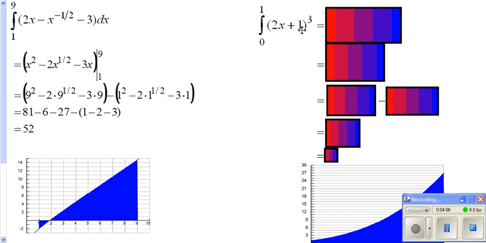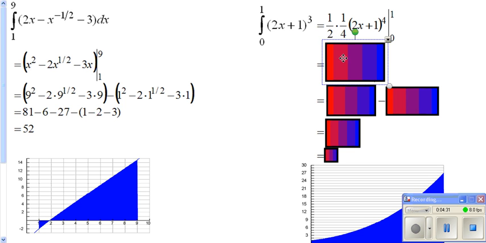Same idea over here. You're going to have to increase your exponent by 1, which will be a 4. But that means you have to have a 1/4 in front to undo that because there's no 4 in front. But remember, you also have to undo your chain rule. Your chain rule would say you'd have to multiply it by 2. So you have to undo that multiplying by 2. So that's why there's a 1/2 in front.